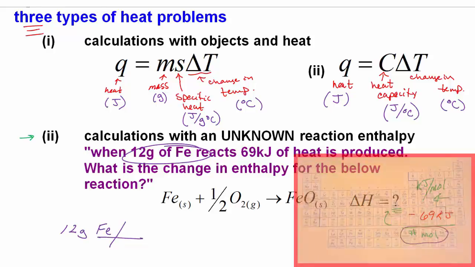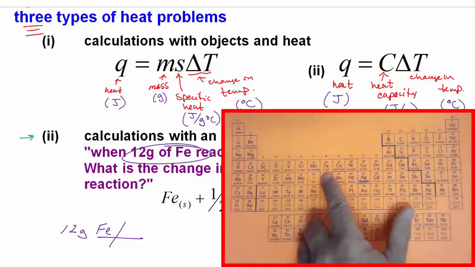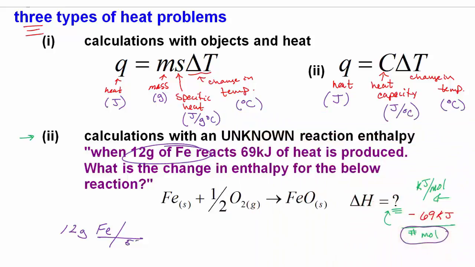If we convert that to moles, iron is 55.85 grams in a mole, so 12 divided by 55.85 is about 0.215 moles.